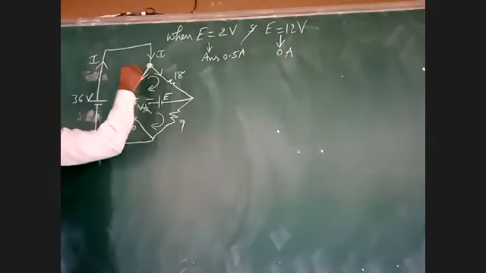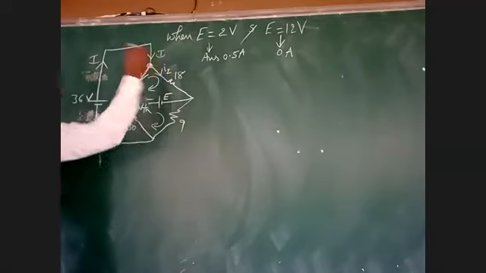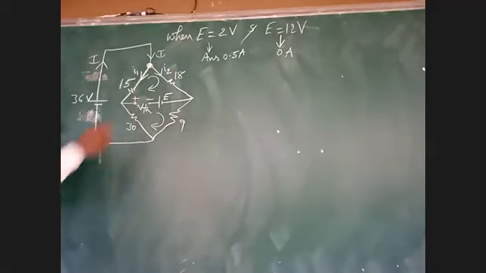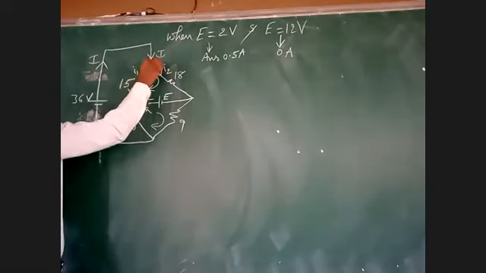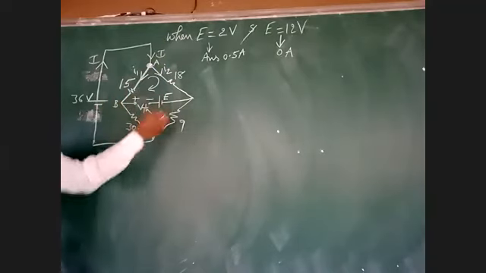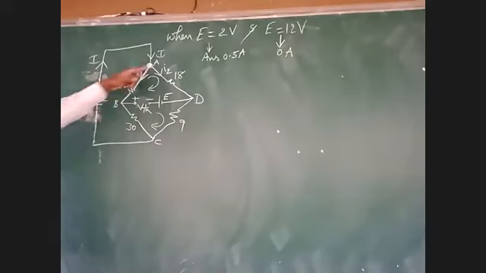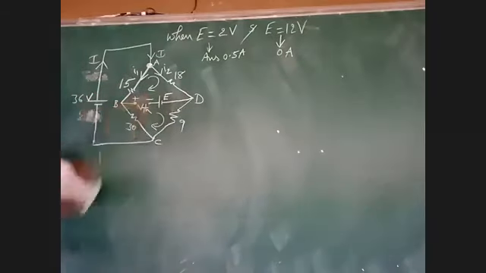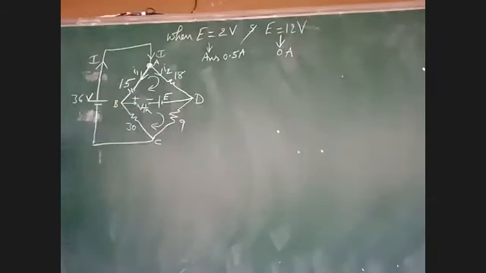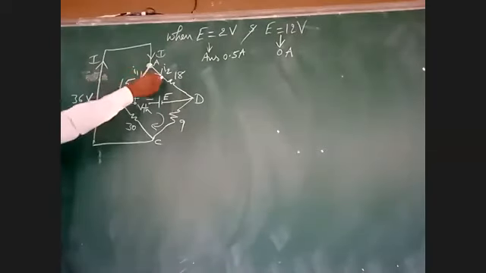Let us take this as I1 and this as I2. Let us mark the points as A, B, C and D. Now this current divides here as I1 and I2.